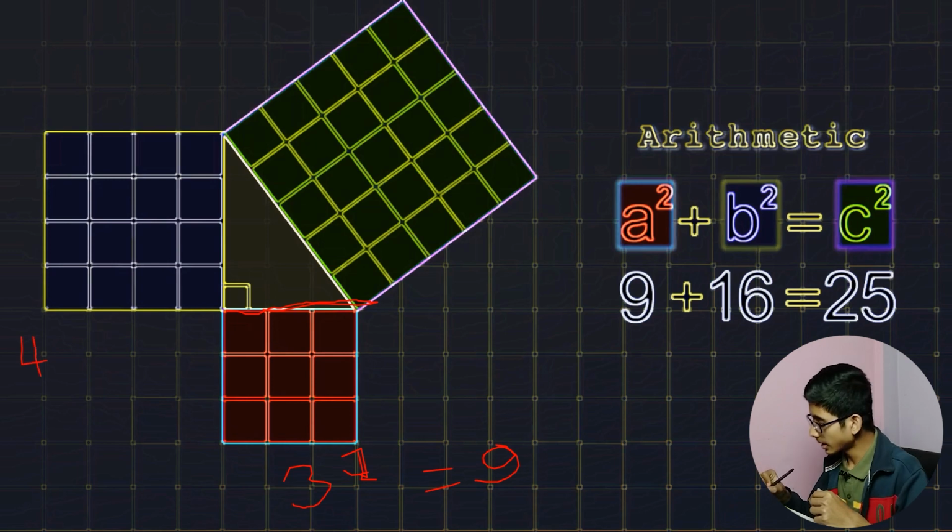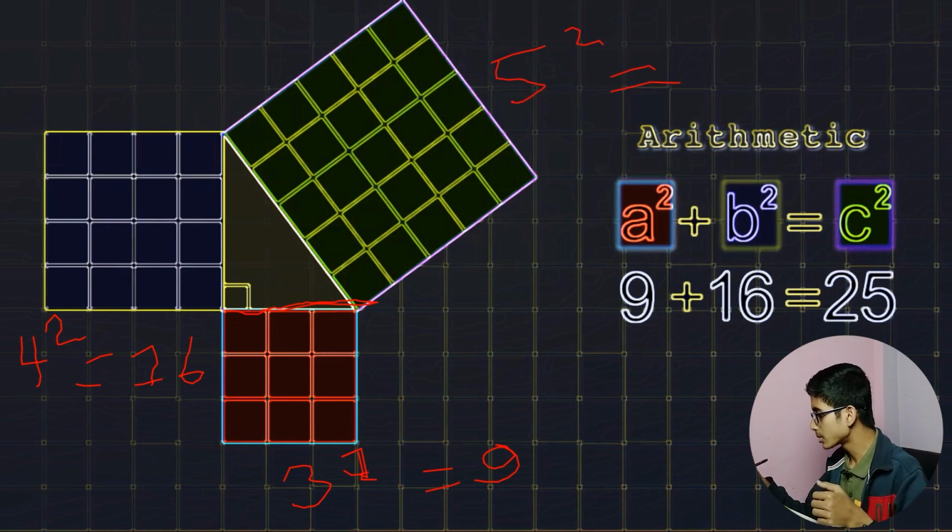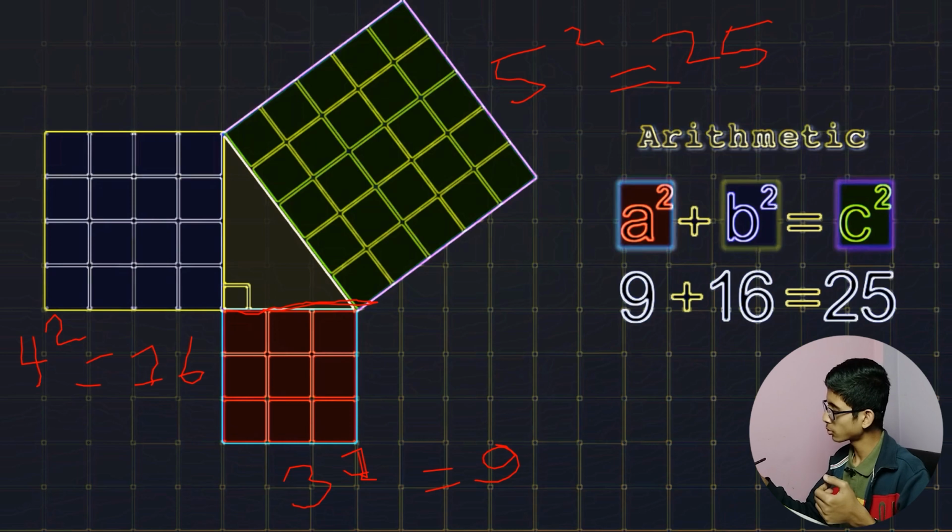And our second leg was 4 and 4 squared is equal to 16. And the hypotenuse was 5 and 5 squared is equal to 25.